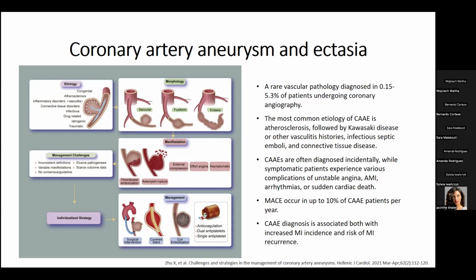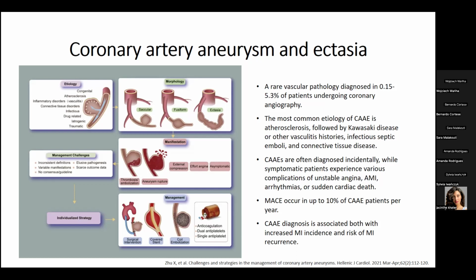In some patients, when the aneurysm is saccular and very large, with very high risk of rupture, we can think about coil embolization, and sometimes in a subgroup of patients, surgical intervention is also a good treatment method. But of course, it's a very individual approach, and it is very difficult to compare these three interventional treatment methods.